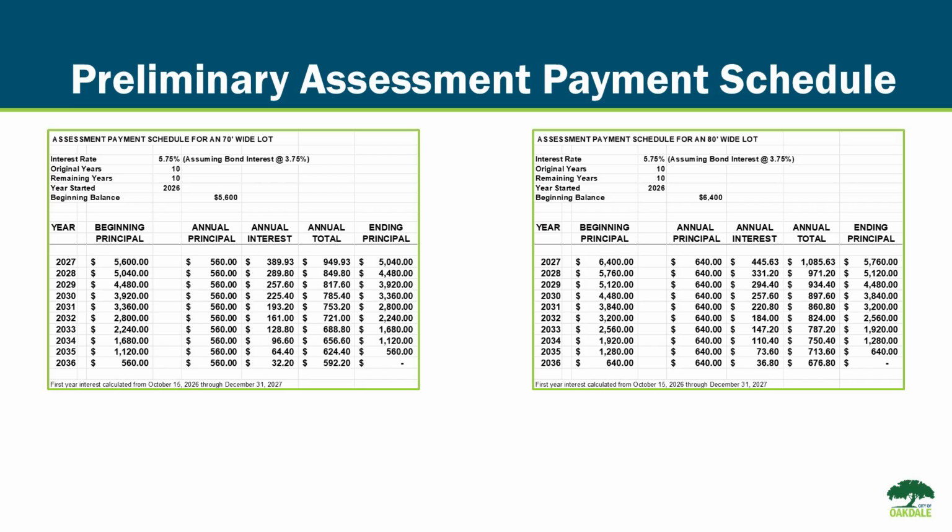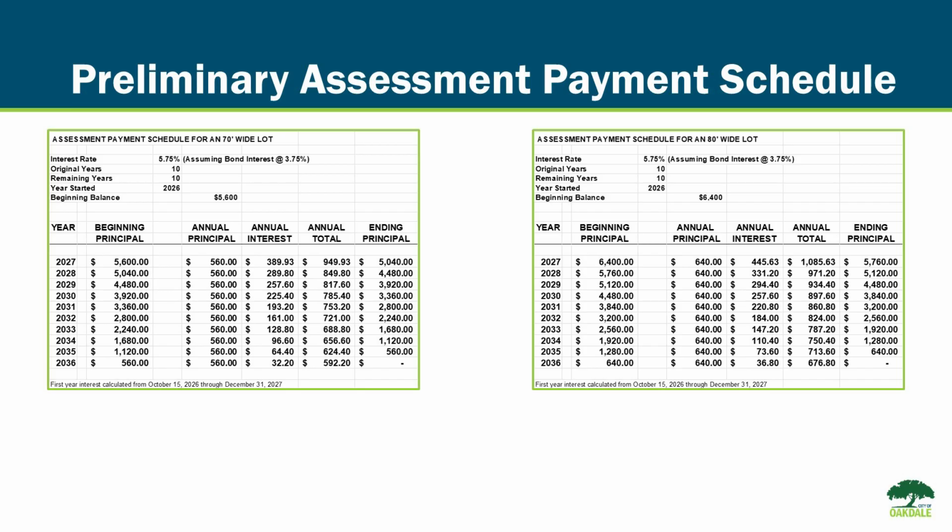If you take 70 feet times $80 a foot, the beginning balance is $5,600. We're assuming an interest rate of 5.75%, which is based on selling a bond at 3.75% plus 2%. It would be over a 10-year period starting in 2026. So the first year the payment would be in May of 2027, 1/10 the principal.